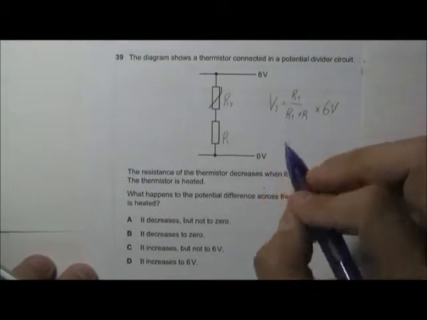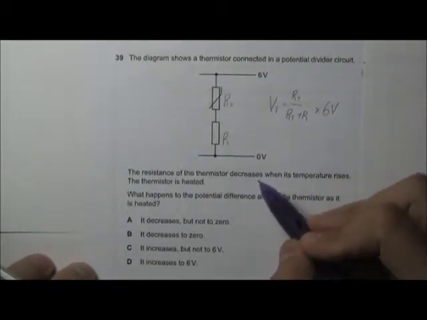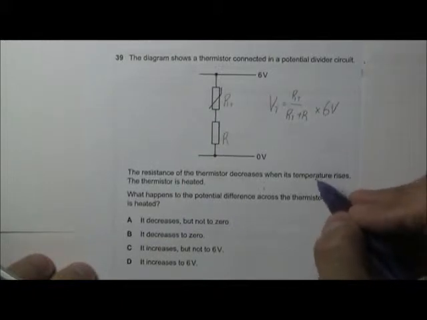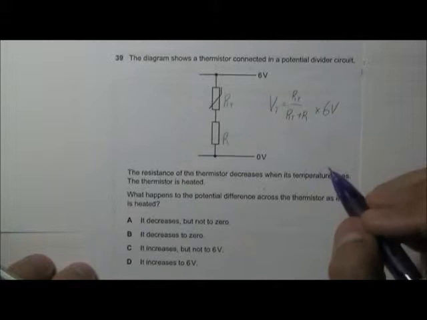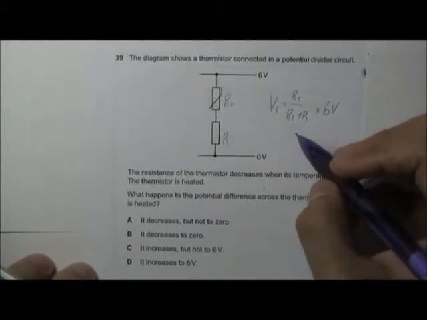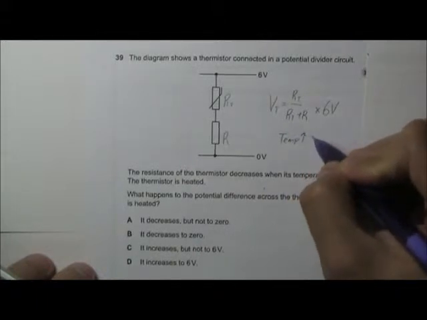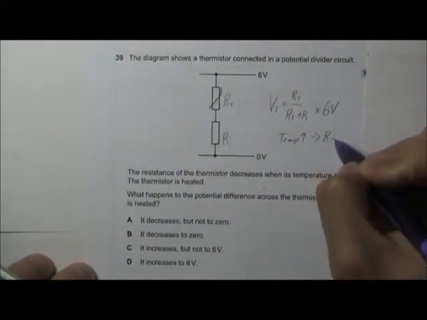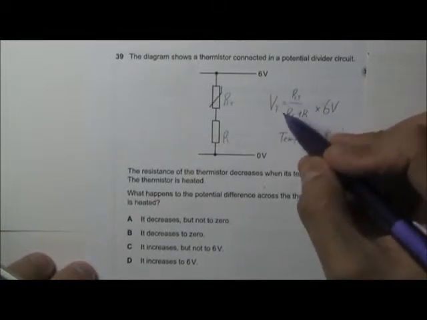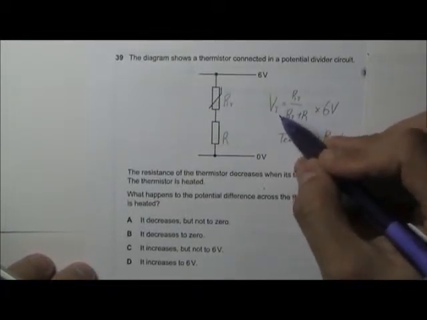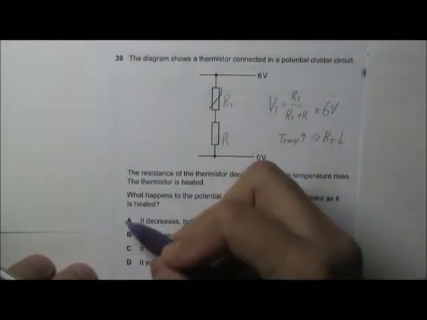So if the resistance of the thermistor decreases when the temperature increases, what will happen to the potential difference across the thermistor? That means when the temperature increases, it will cause the resistance of the thermistor to decrease. So basically it will cause the voltage across the thermistor to decrease, but it will not go to 0. Okay, so the answer should be A.